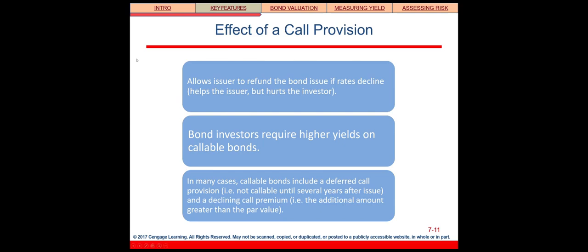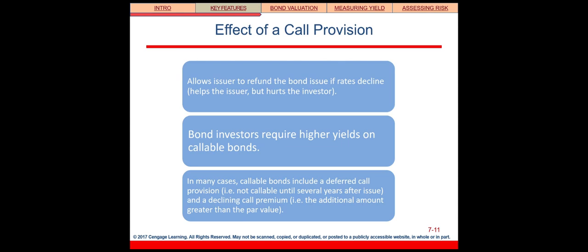And then the next one is the call provision. This one allows the issuer to refund the bond issue if rates decline. It will help the issuer but hurts the investor. Call provision means that if the company feels continuing to pay interest on this bond is no longer financially smart, they can decide to call back the bond, meaning they buy back the bond from the bondholders and cancel out such debt.